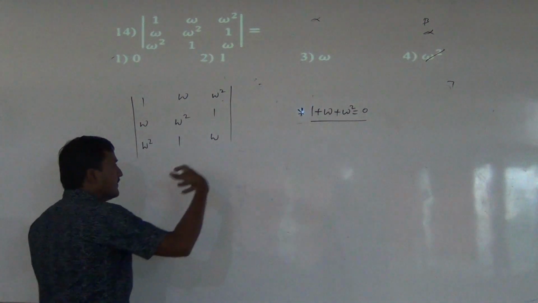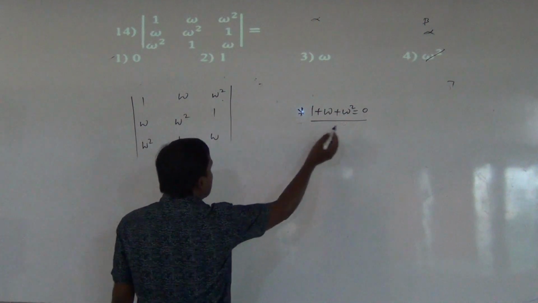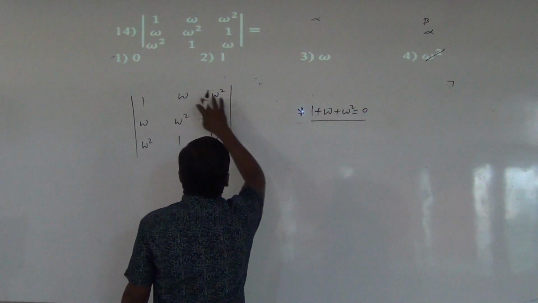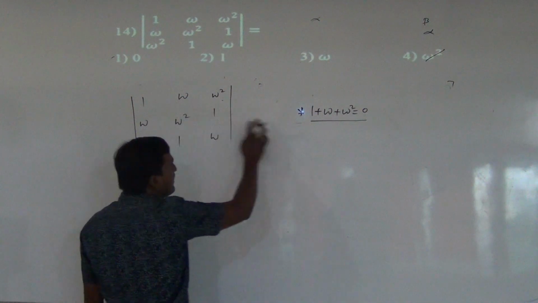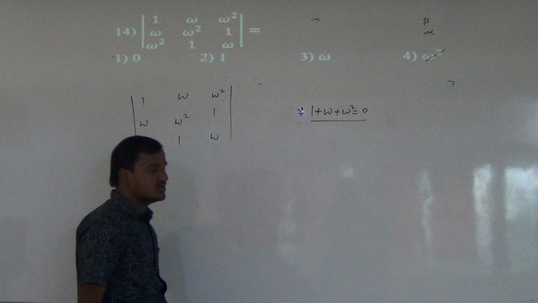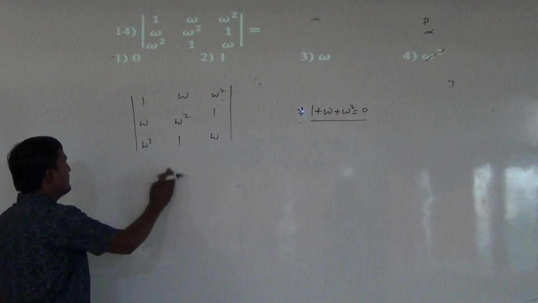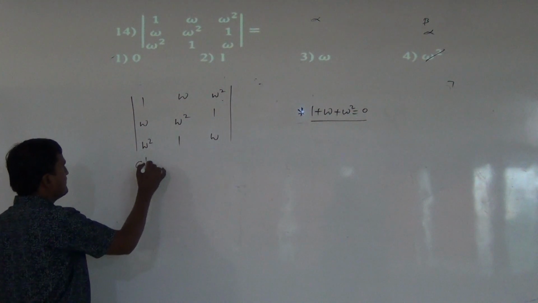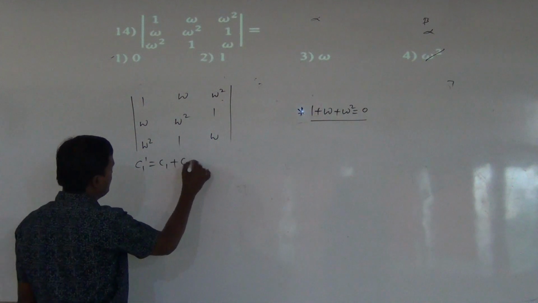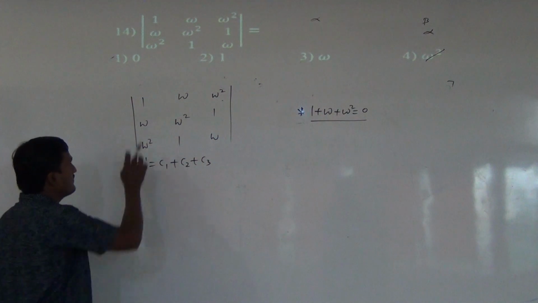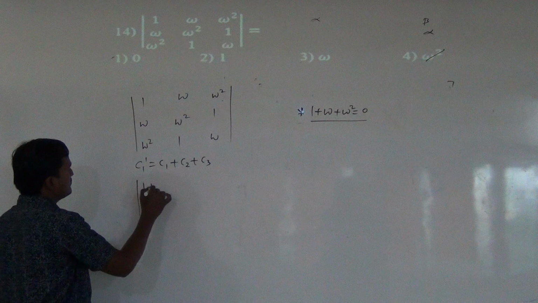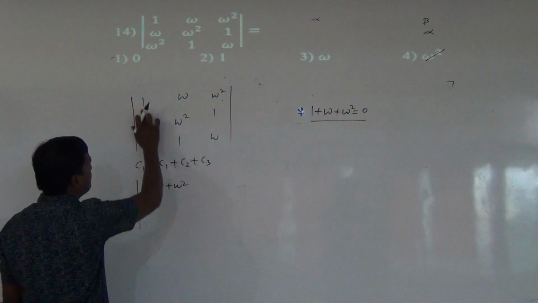To find the value of this determinant, I want to rearrange the elements of this determinant by this formula, right? So for this one, here I am going to apply the operation C1 dash equal to C1 plus C2 plus C3. So therefore what it becomes? 1 plus omega plus omega square, right?